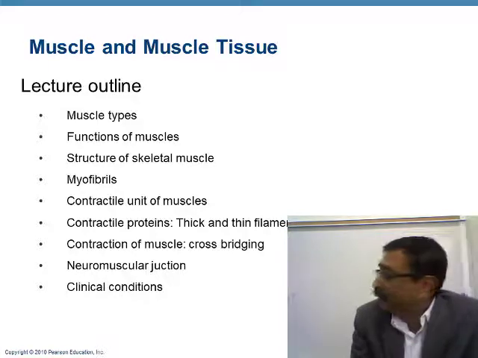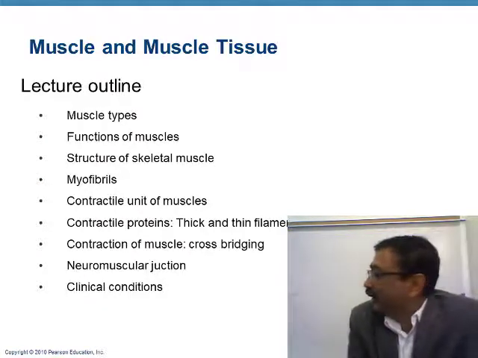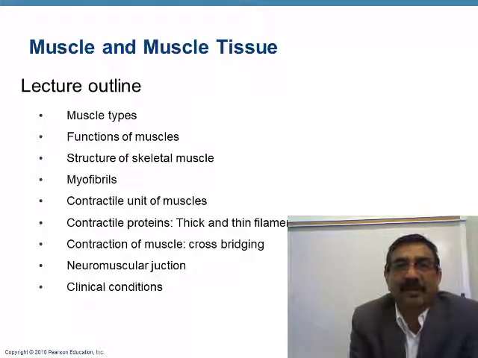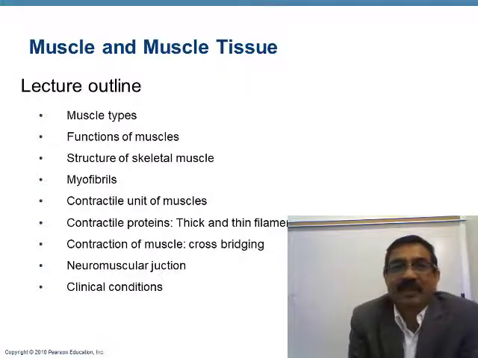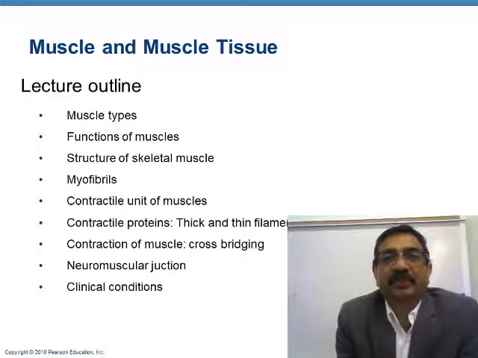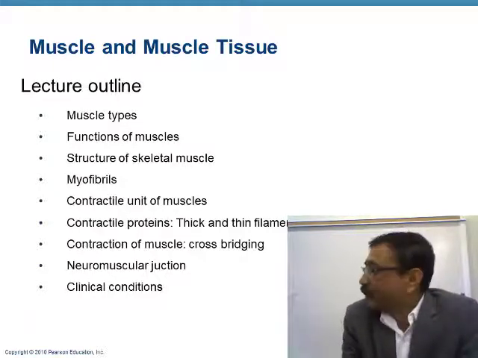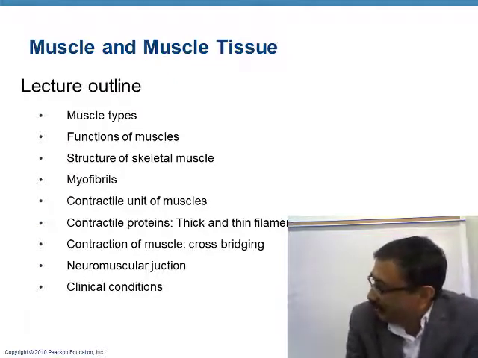And inside the myofibrils, you have the contractile unit of muscle. That means inside the myofibril you have the unit of muscle contraction. We'll see those units inside the myofibril.